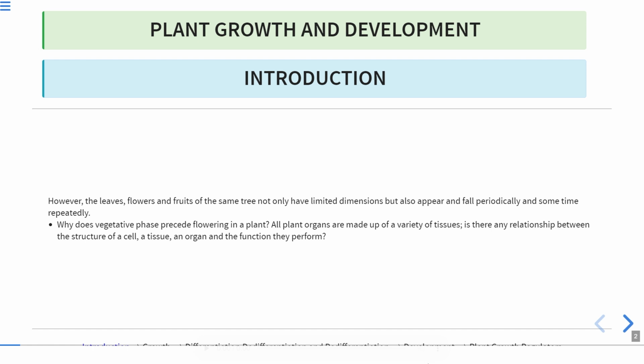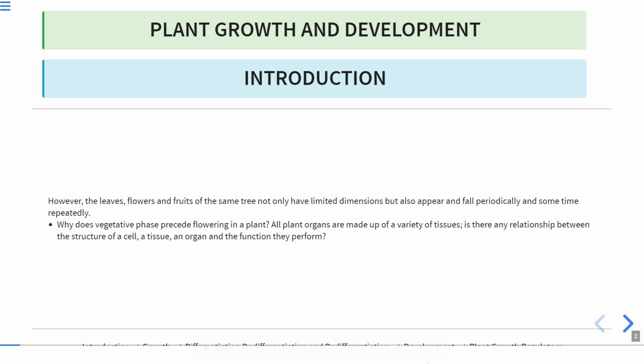However, the leaves, flowers, and fruits of the same tree not only have a limited dimension but also appear and fall periodically and sometimes repeatedly. So we do not always see growth. In a growing season they show growth, but in some seasons they shed their leaves, fruits and flowers from the trees.